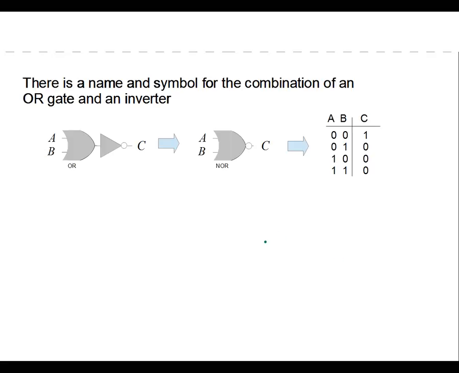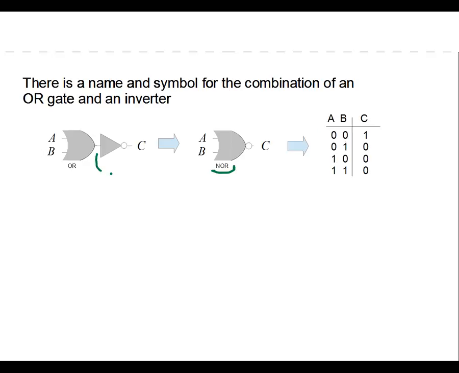Now, there's all kinds of combinations. If we have an OR gate followed by an inverter, this is called a NOR, N-O-R, not OR, and the truth table looks something like this. Or does it look something like this? Yes, it does, because let's go through and look at it.